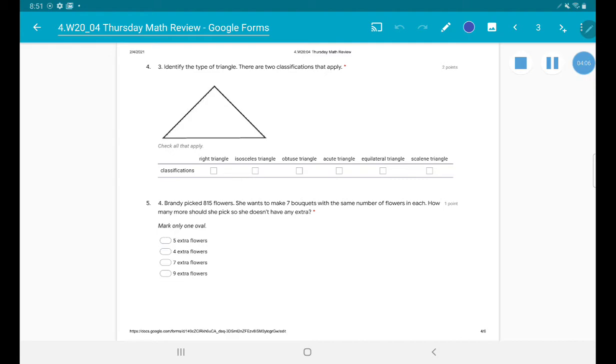We're looking to see if it's a right triangle, if there's one right angle, if it is an obtuse triangle, if one of the angles is bigger than 90 degrees, or if it is acute, if all the angles are smaller than 90 degrees. So looking at the 3 angles in that triangle, what is it, Ansley? What kind of triangle is that? Is there a right angle, an obtuse angle, or are they all 3 acute angles?